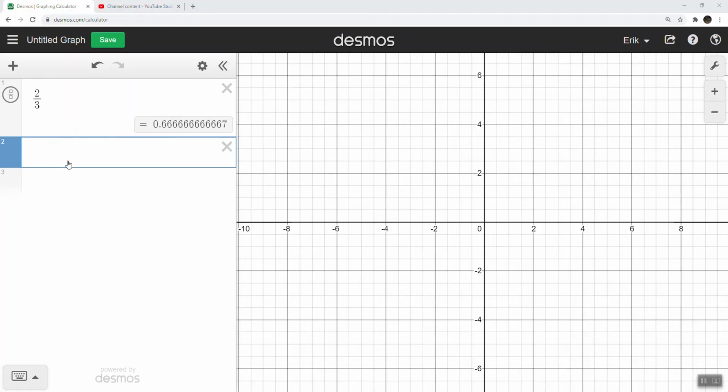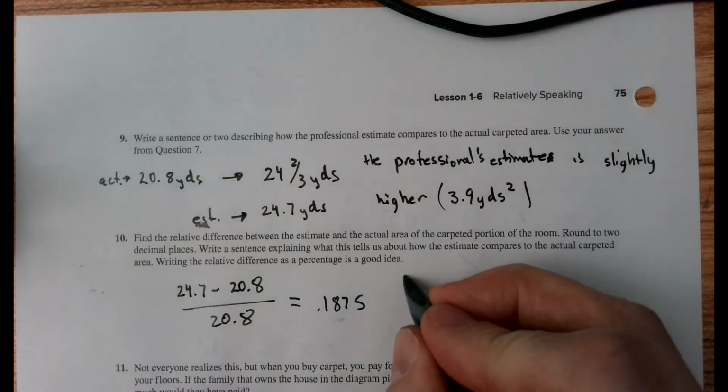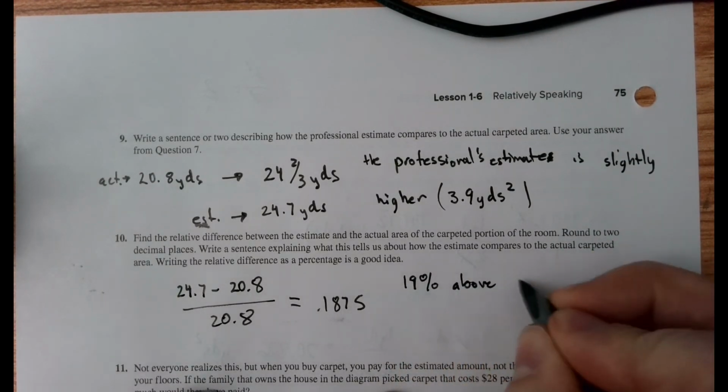Let's jump to our Desmos. That's 24.7. Notice, since the professional estimated above, or was larger than, we know we're going to get a positive value here. And we get 0.1875. If we round to the nearest percent, we would say 19% above the actual value.